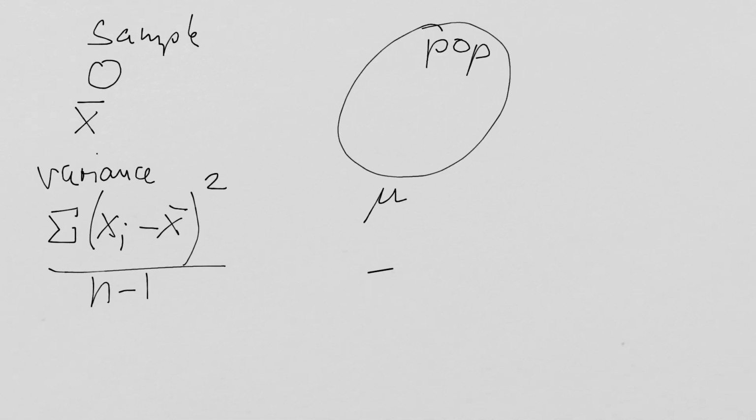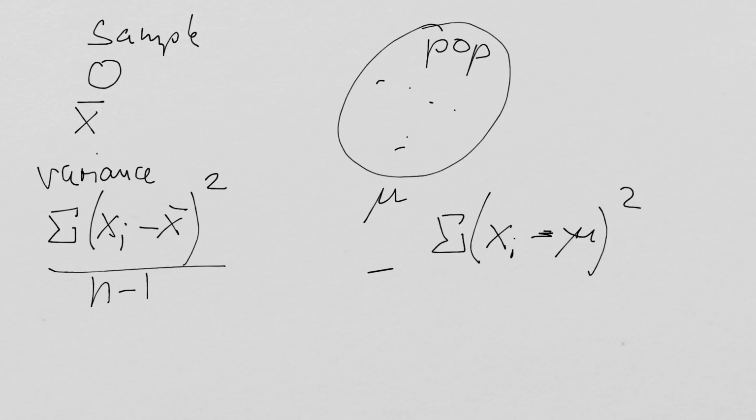Well, we can, of course, do the same thing for our population. We can say we have the individual, each one of you, minus, in this case, the mean of the population, squared.